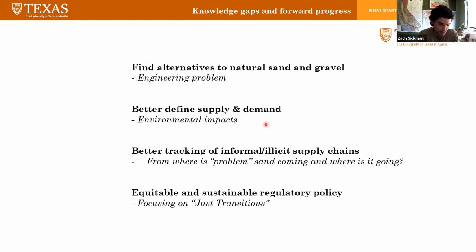We need the resource. It's going to have some environmental impacts. We can't tell people to just stop mining sand for a number of reasons, not the least of which is that a lot of these communities rely on sand mining for their jobs, for the primary employer of the region. And so we focus on this balance of just transitions going forward and on regulatory policy that balances the human and the natural needs of both sides of the system.